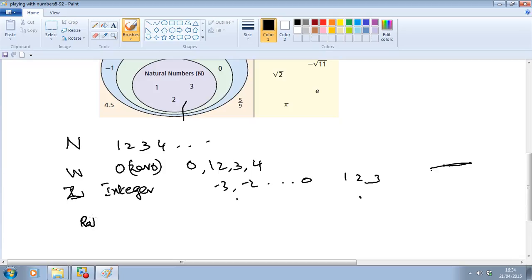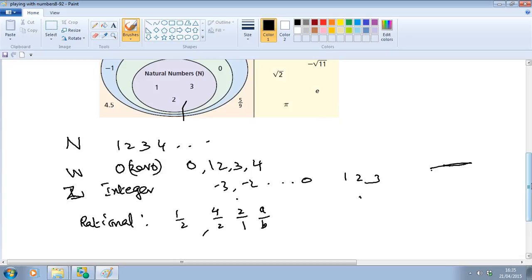When they say rational, all the above numbers are rational, including fractions. Anything you can express as a by b is rational. 4 by 2, you can write as 2 also, or you can say 2 by 1. 2 you can write as 2 by 1. So they are rational numbers.